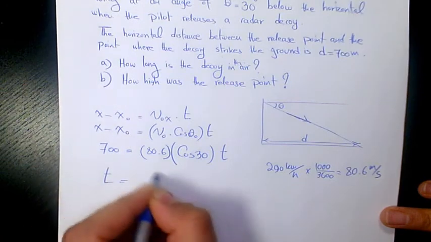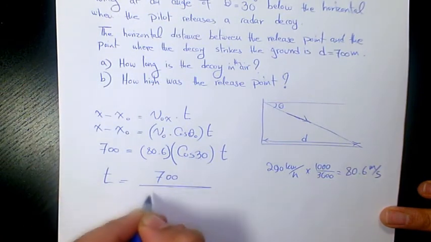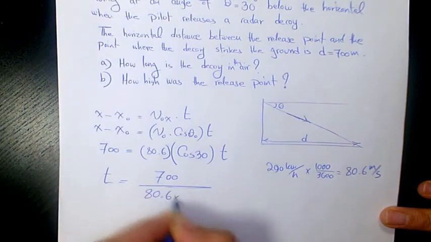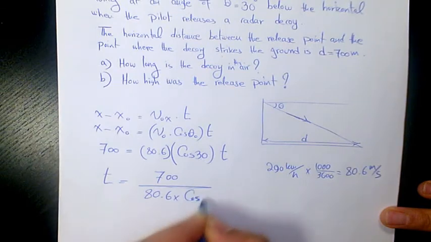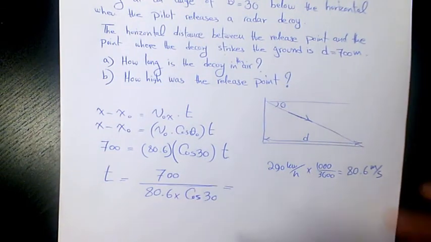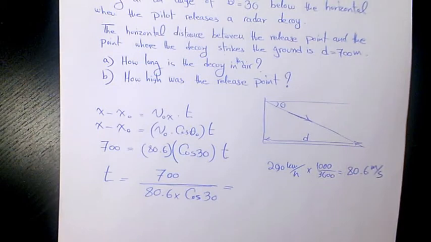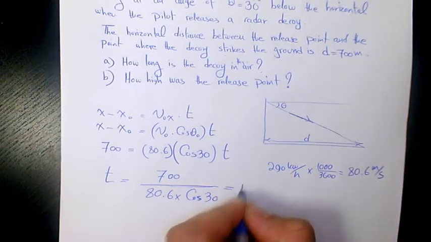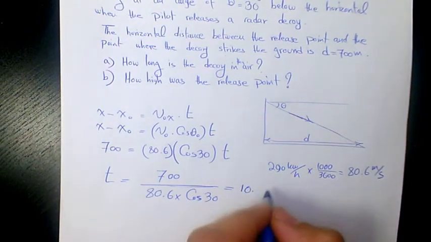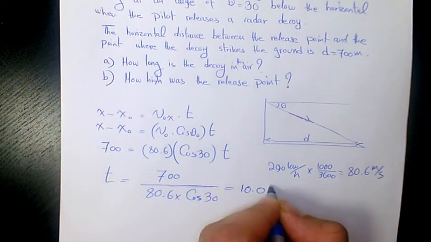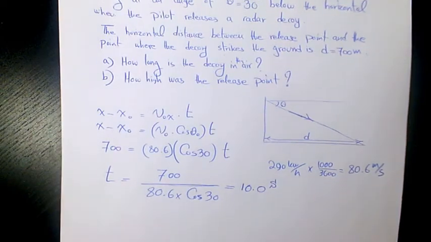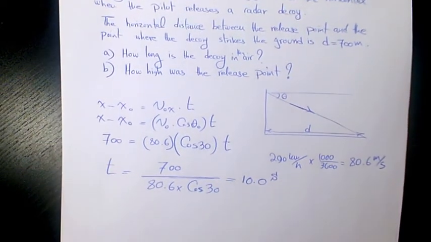So t equals 700 divided by 80.6 times cosine 30. That will be 10.02, or let's round it to 10.0 seconds. So it takes 10 seconds.